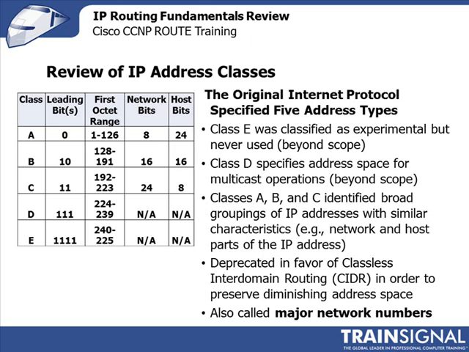Classes A, B, and C, however, are very commonly referred to and identified very broad groupings of IP addresses that had similar characteristics. In this particular case, a certain number of bits in the host portion of the address and a certain number of bits in the network portion of the address. Now, the whole A, B, and C class was deprecated in favor of CIDR, or classless interdomain routing.